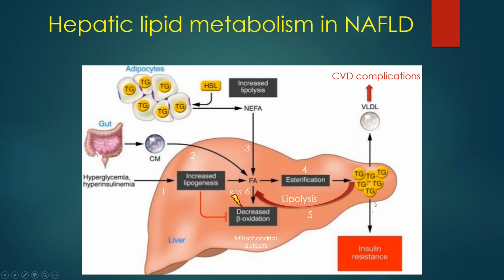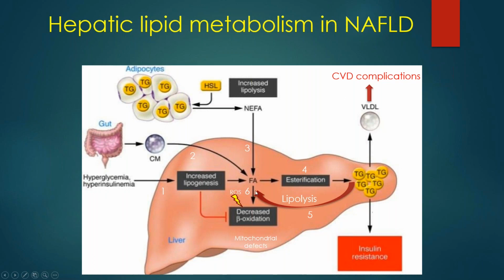And at the same time, if these triglycerides are stored for a long time, there could be unregulated lipolysis, and free fatty acid in turn could be generated to form ceramide precursors, which in turn will cause insulin resistance. And this vicious cycle will go on, because the more lipid you have in the liver, the more sensitivity to insulin you will lose, and insulin secretion will increase, and it will cause more lipogenesis to happen.